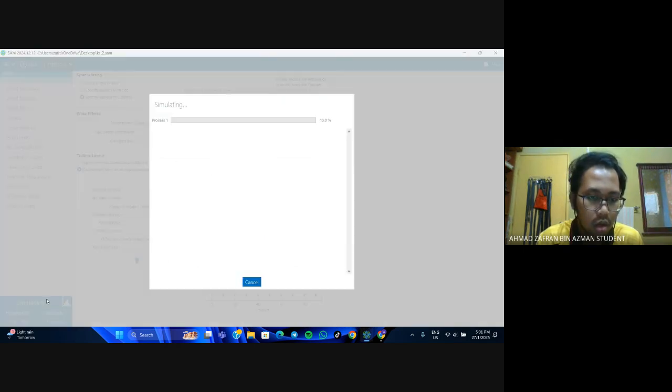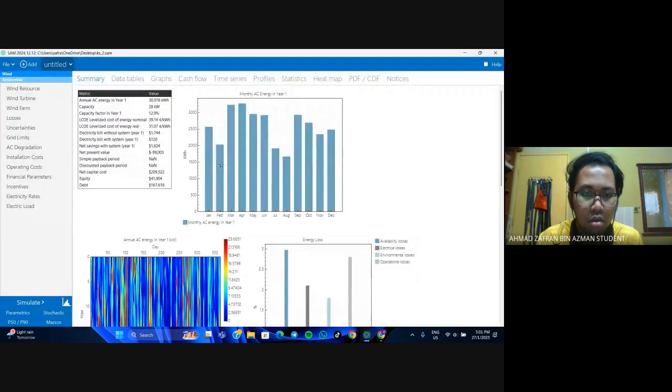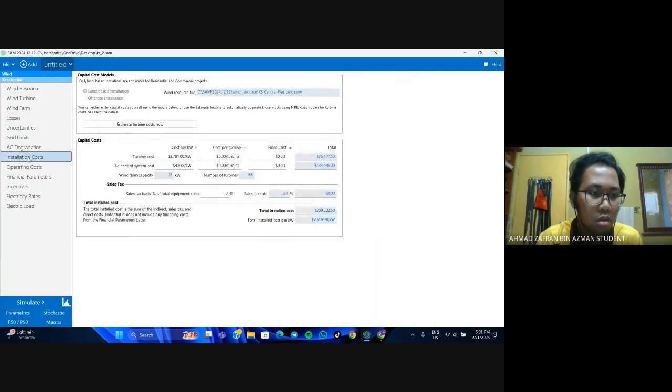When I simulated here, I forgot to show the installation cost. For installation cost, the total turbine cost for the 55 turbines here is $76,477.50.